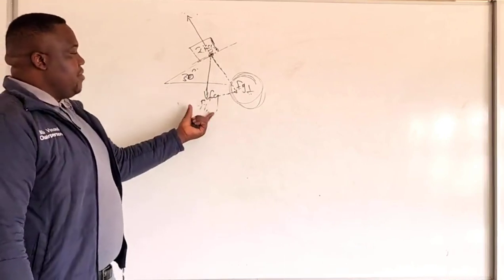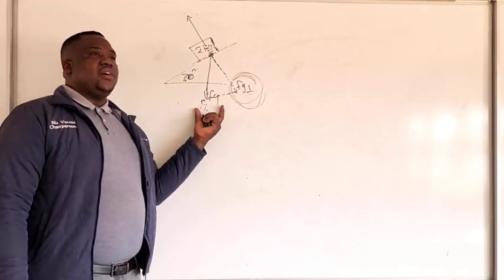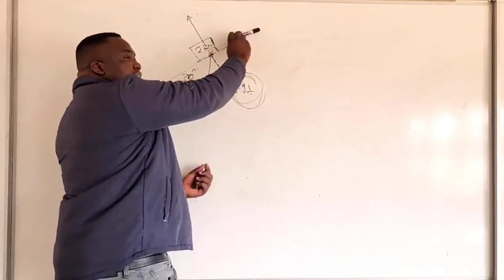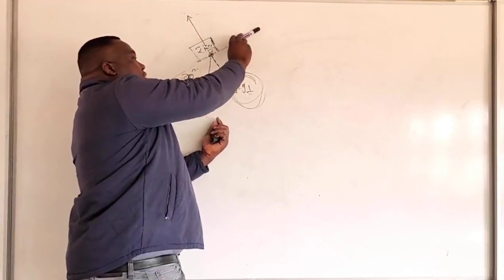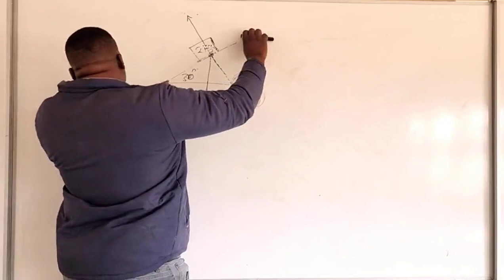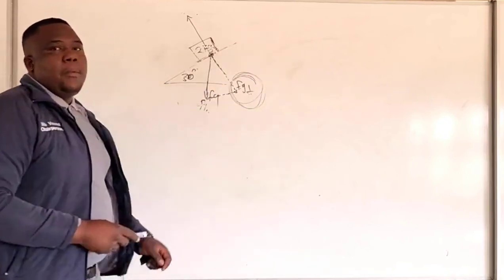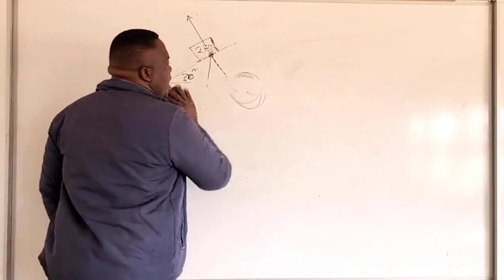The only force which I can boldly say becomes friction is gravitational force parallel. When an object is going up, this parallel component will be acting downwards, pushing the object to move down. I hope you understand those concepts. Okay, I'm about to explain the second one.